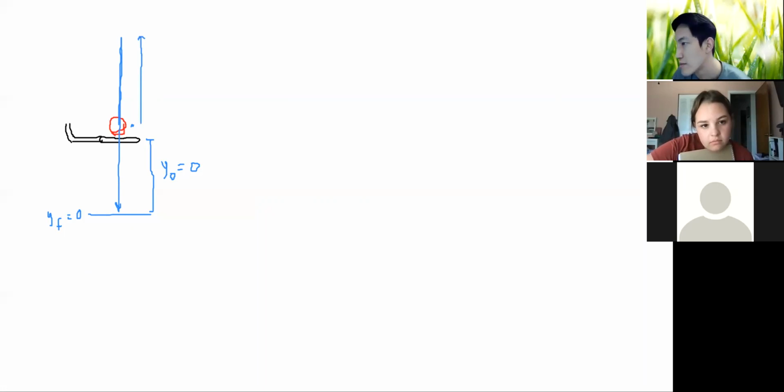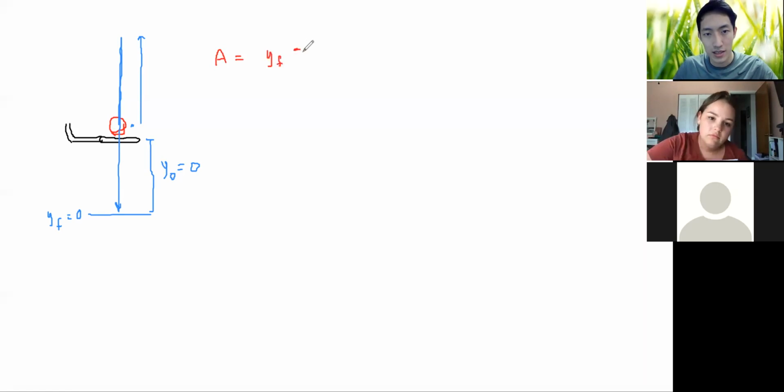Now, you can technically find the speed with this if you had everything, but let me tell you the reason why you can't. You don't have the y final if you use the highest point. For A, you don't have y final.